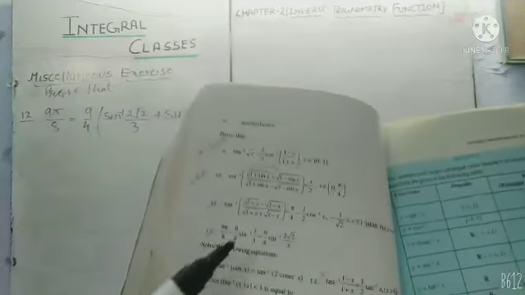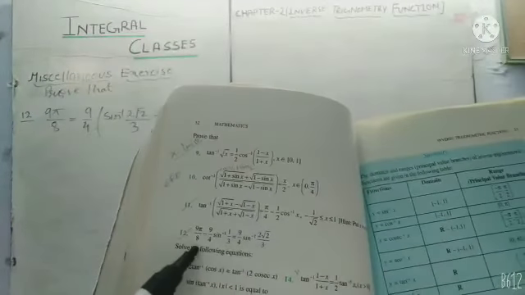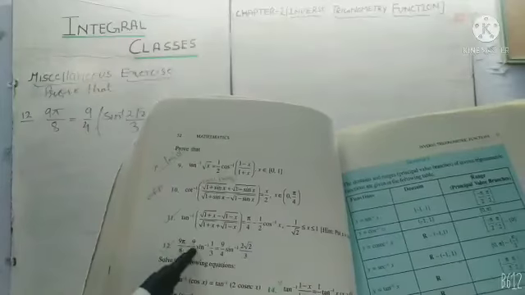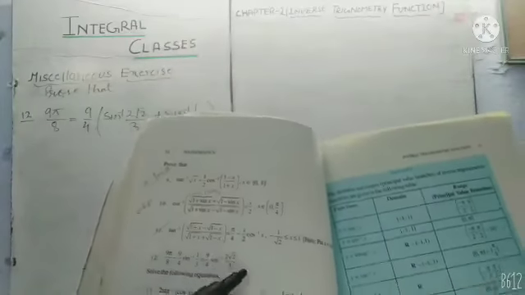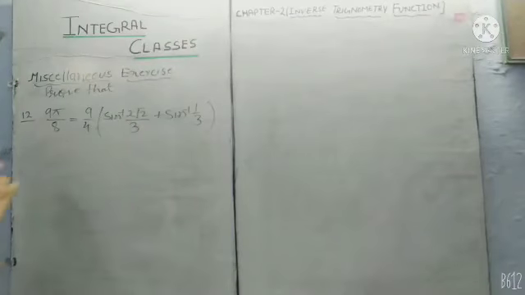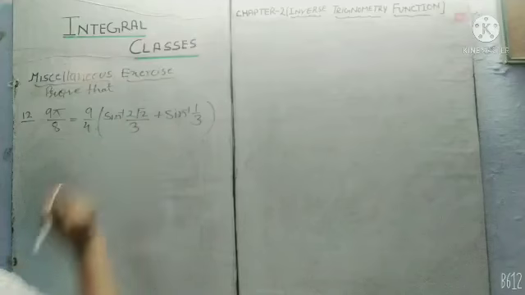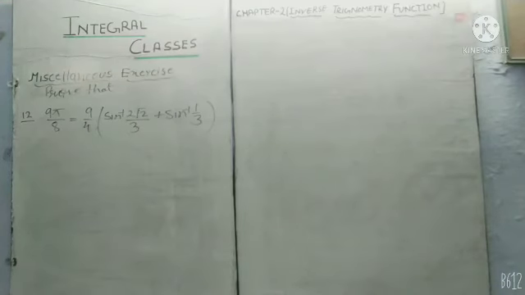Yes, now in question number 12 we have given 9 pi by 8 minus 9 by 4 sin inverse 1 by 3. So the second term we will transpose to the other side. Then the question will become like this: 9 pi by 8 equal to 9 by 4 sin inverse 2 root 2 by 3 plus sin inverse 1 by 3.